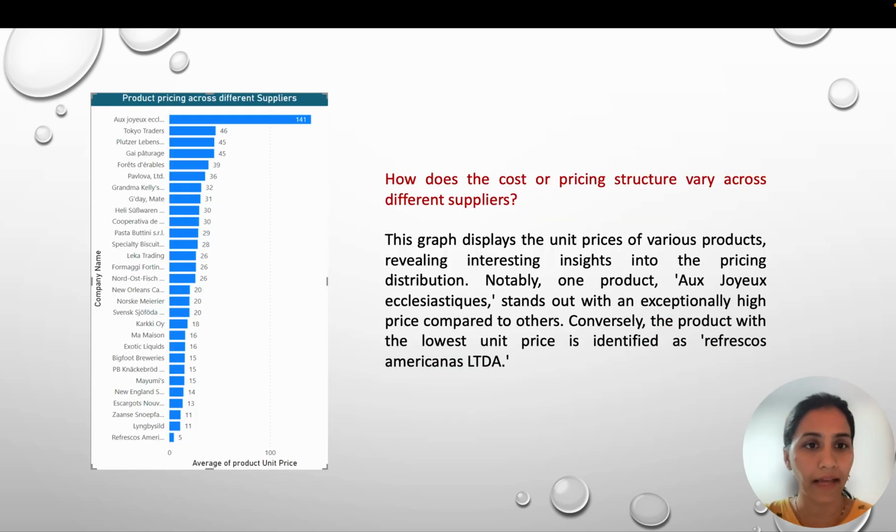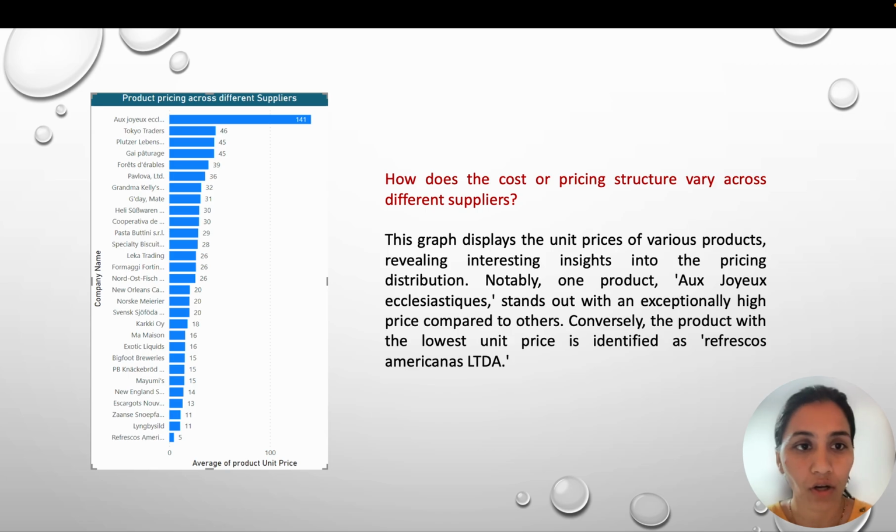The next question is, how does the cost or pricing structure vary across different suppliers? For this question, I have created a bar chart that shows product pricing across different suppliers. Suppliers are on the y-axis, and the average product unit price is on the x-axis.